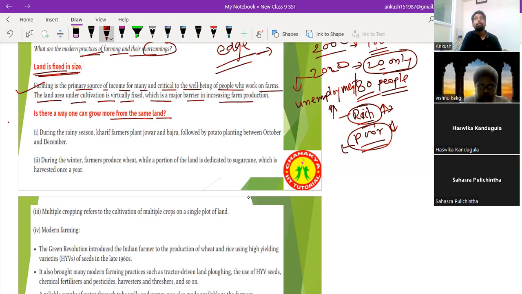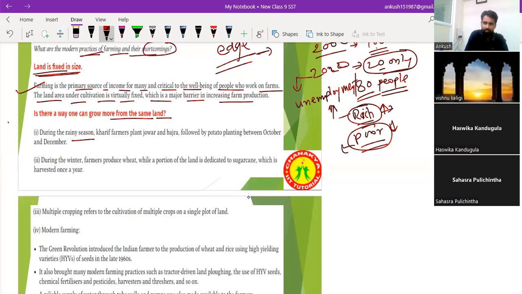It means the maximum time to produce any crop is 120 days, almost 4 months. So according to that, cultivation can be done 3 times in the land. In this way, in a year, we can increase the production. Have you got the point?